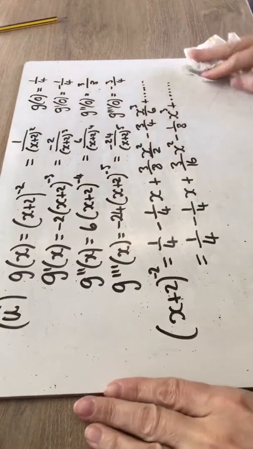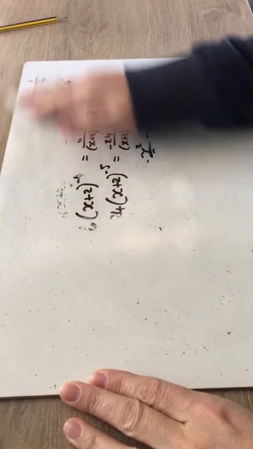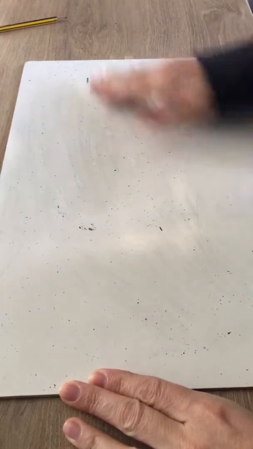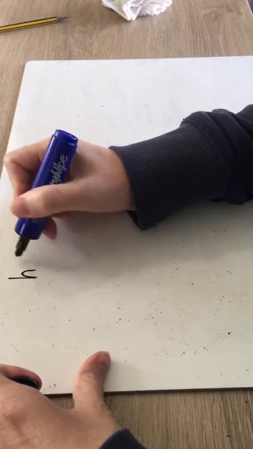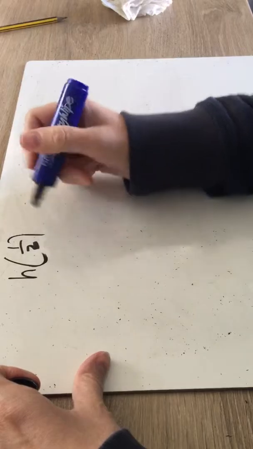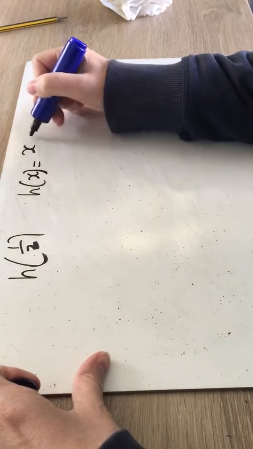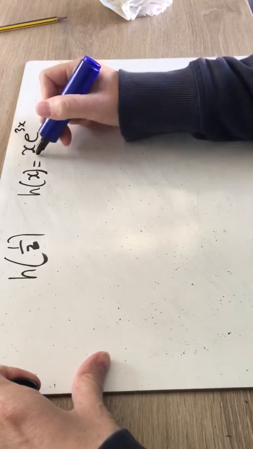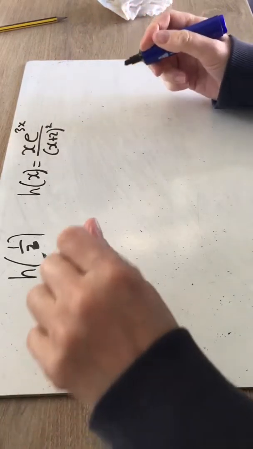So looking at the B part of the question now. The B part of the question is asking us to work out an approximate value of h of a half when h of x is x e to the 3x over x plus 2 all squared.